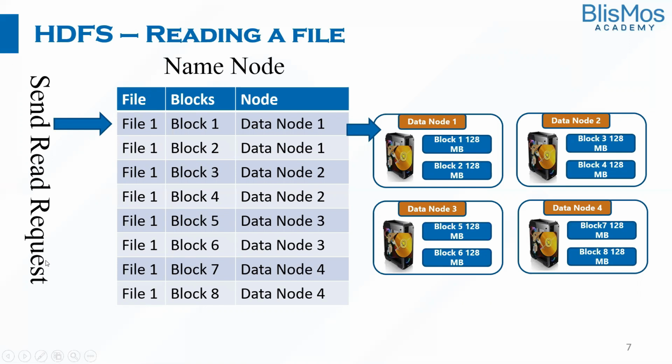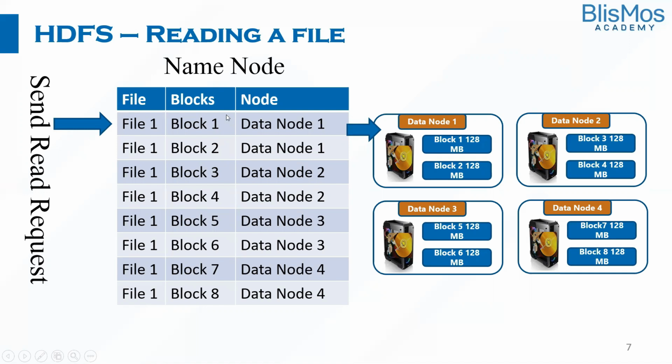When you send a request, it will locate where exactly block 1 is in the name node. Block 1 belonging to file 1, because we wouldn't be storing only one file in HDFS. It will be storing hundreds of files. What is also very important is that along with the block, you need to identify it with the file also.